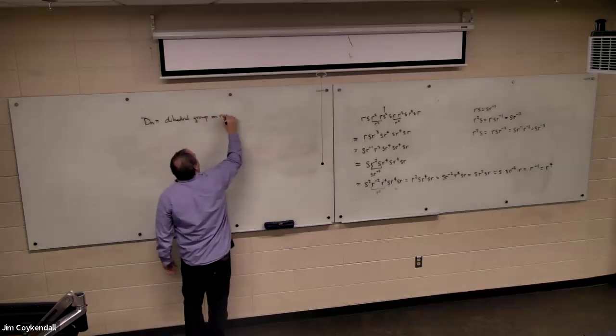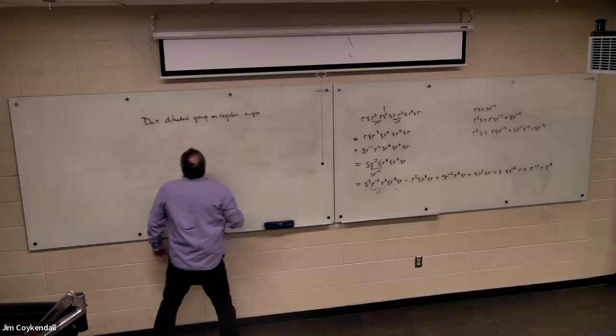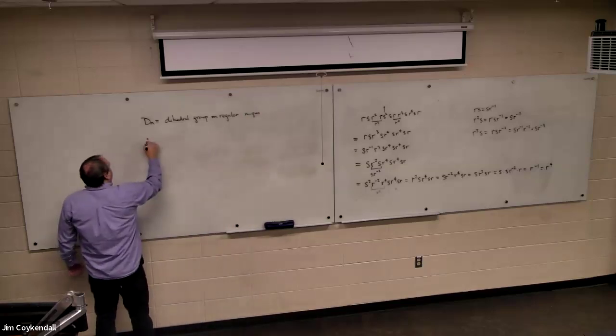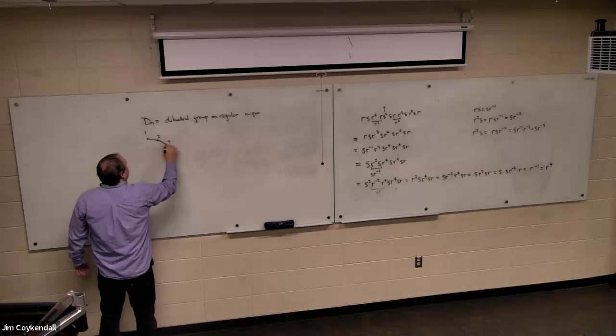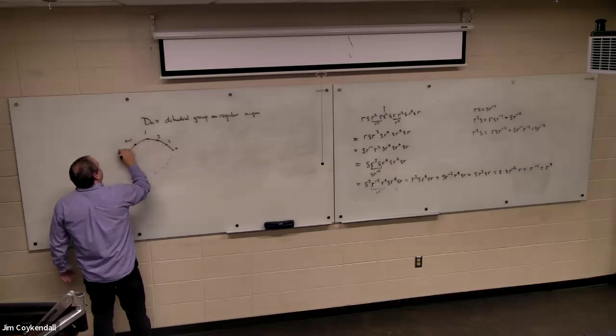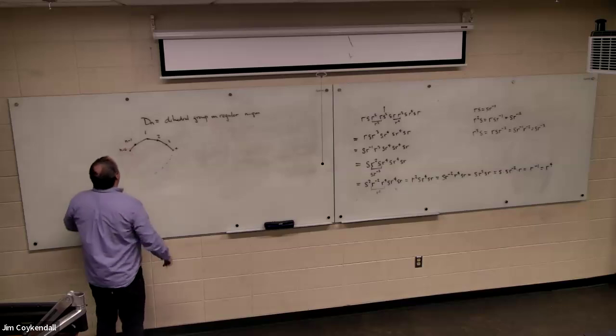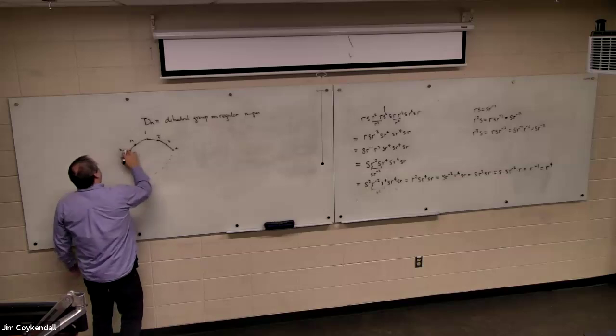So this is going to be kind of terrible. 1, 2, 3, 4, yada, n minus 1, n minus 2. No, I guess it would be n, wouldn't it? N minus 1.